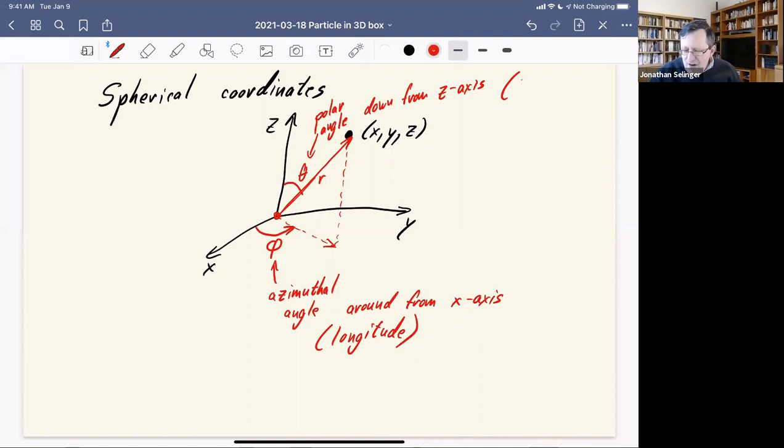The slight difference is latitude is measured going up from the equator, so how far north or south from the equator, but this is measured going down from the North Pole. So this is 90 degrees minus the latitude.